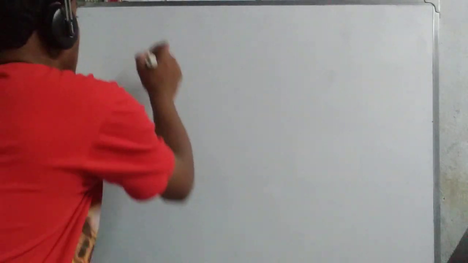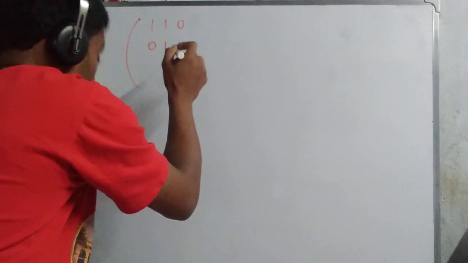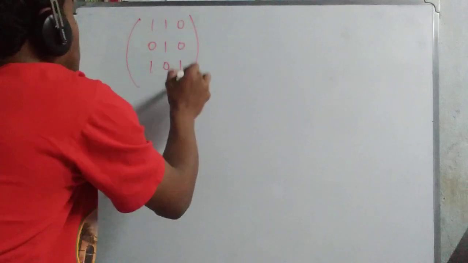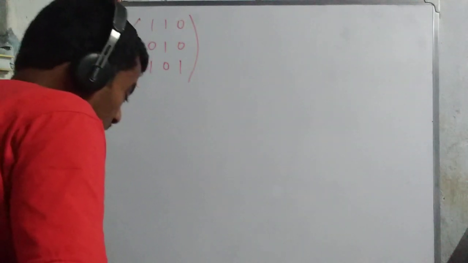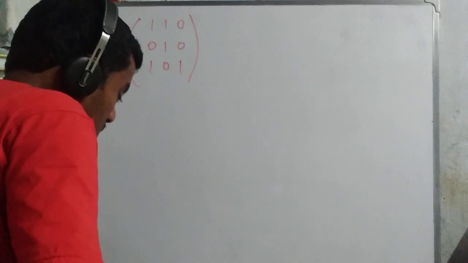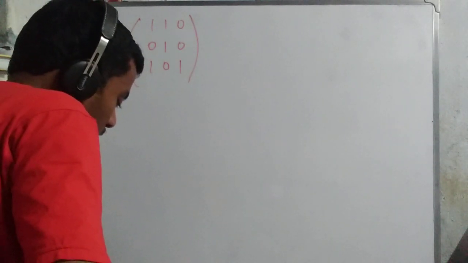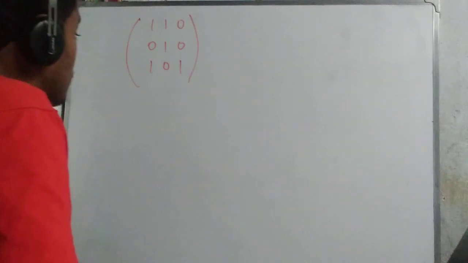We write here the matrix with rows 1 1 0, 0 1 0 and 1 0 1. This matrix is not in reduced row echelon form because the first column, which contains the first non-zero entry in row 1, contains another non-zero entry.